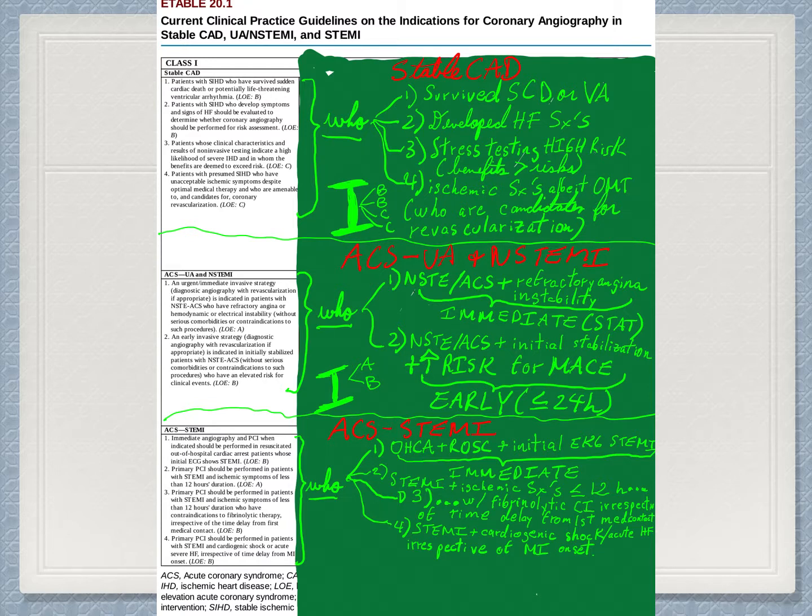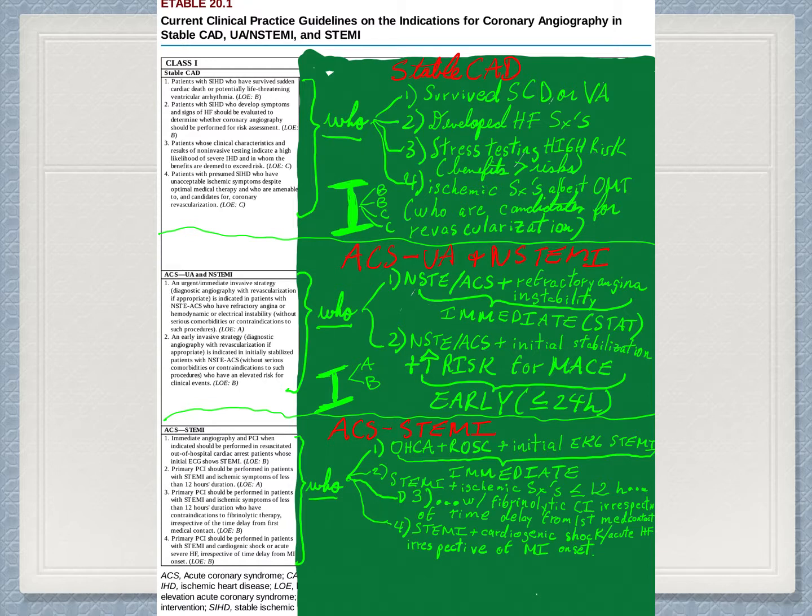And number 2, in this context of NSTEMI or unstable angina, which you initially stabilized but the patient presents high risk for MACE, major adverse cardiac events, take this patient in an early fashion. Early catheterization is less than or equal to 24 hours.